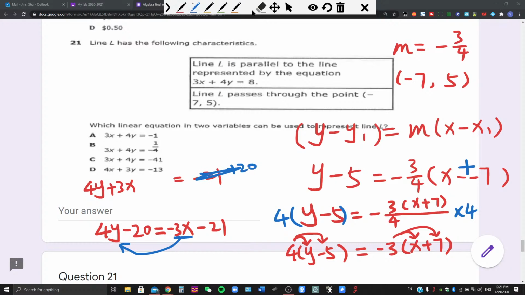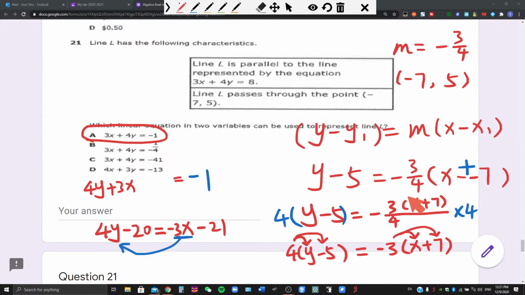So after we move it, we can combine them, we get a negative 1. And that's the formula for that line L. 4y plus 3x equals negative 1. Then what is the answer? 4y plus 3x equals negative 1, and the answer is A.